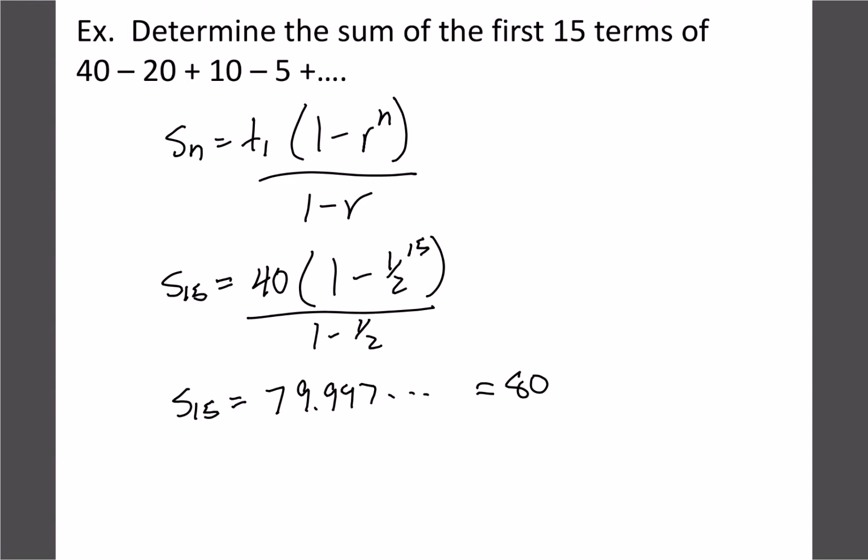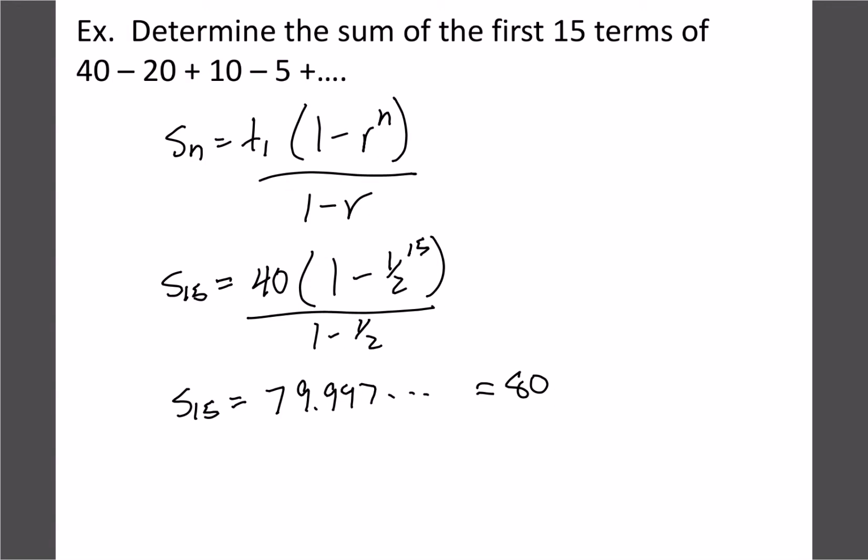As we keep dividing by 2, we get really small decimals, so they don't add much. So you want to be careful of your signs, and everything works out pretty well.